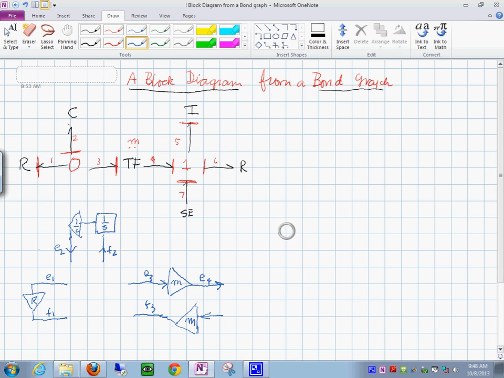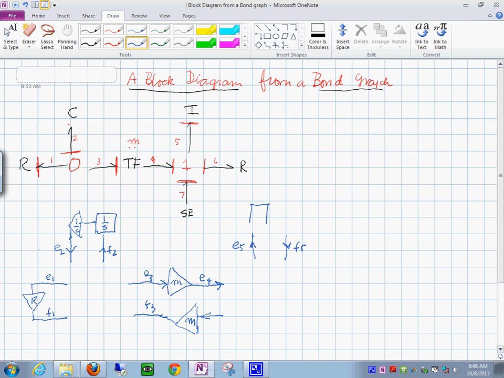Now let's try this I element in here. What goes in is E sub 5, right? And then this is F sub 5. So what happens over here?